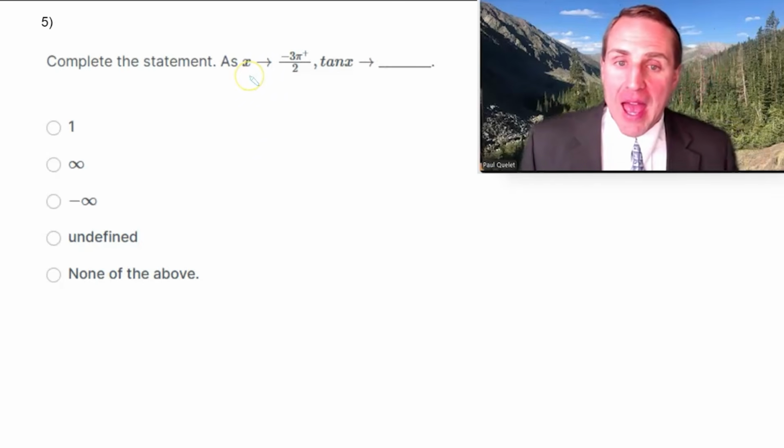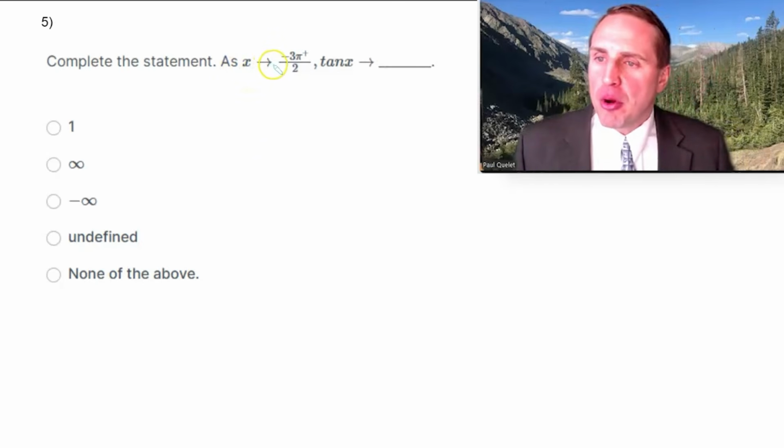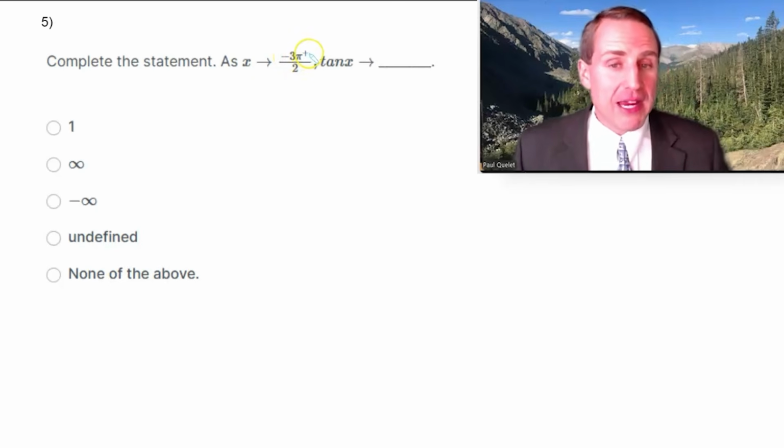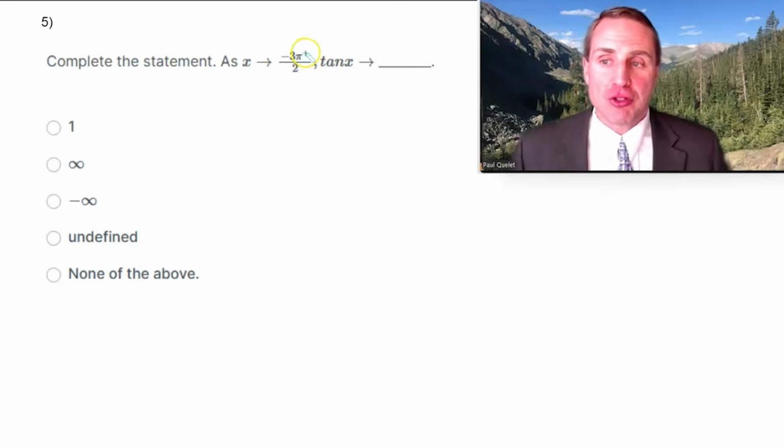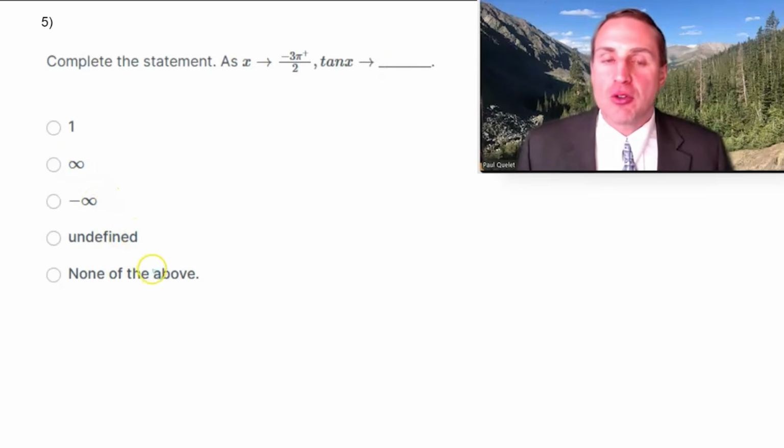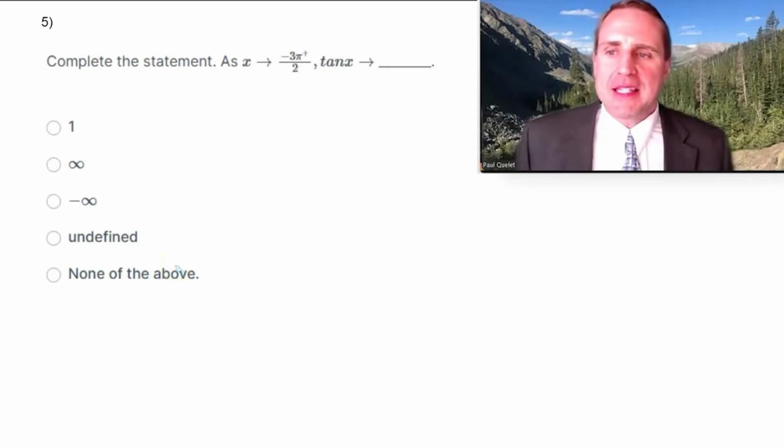Complete the statement. As x approaches -3 pi over 2 from the right, so this is a positive superscript. We're going to approach -3 pi over 2 from the right. Tangent x, does it approach 1, infinity, negative infinity, undefined, or none of the above? The idea is that let us think about the graph of tangent or the unit circle.